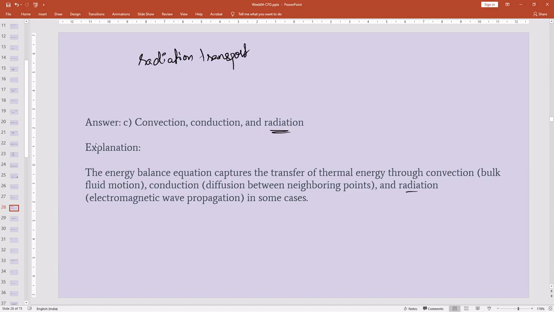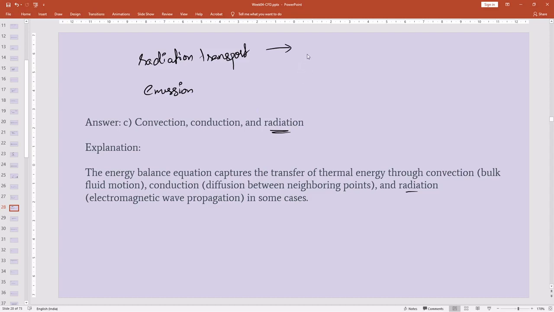If I give a generic equation for radiation transport, it will be a balance between emission, absorption and scattering. We know that for radiation there are three components when radiation is happening.